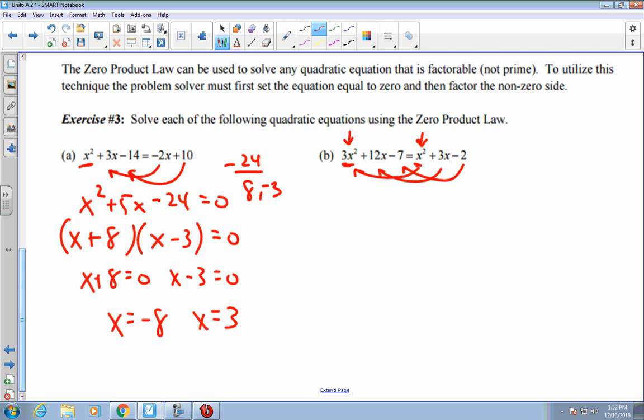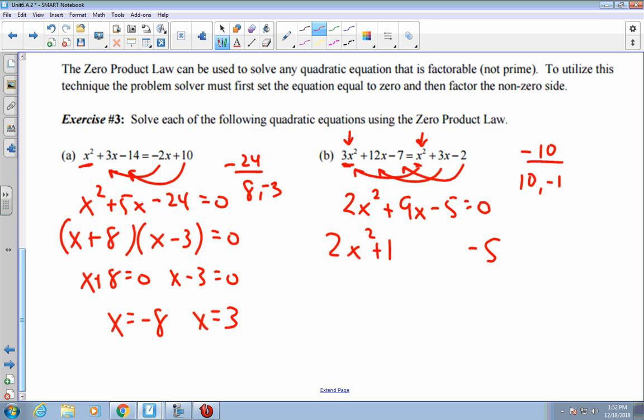So then I have 2x squared plus 9x minus 5 equals 0. Now we are arcing. So we have 2 times negative 5 is a negative 10. Factors of negative 10 that give me a positive 9 are 10 and negative 1. The 2x squared comes down, the negative 5 comes down. Plus 10x minus x.